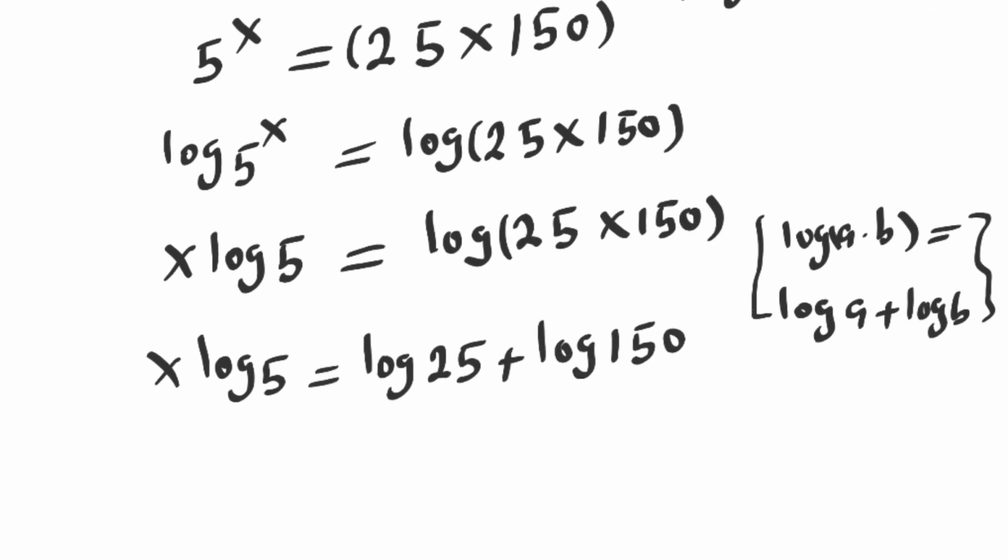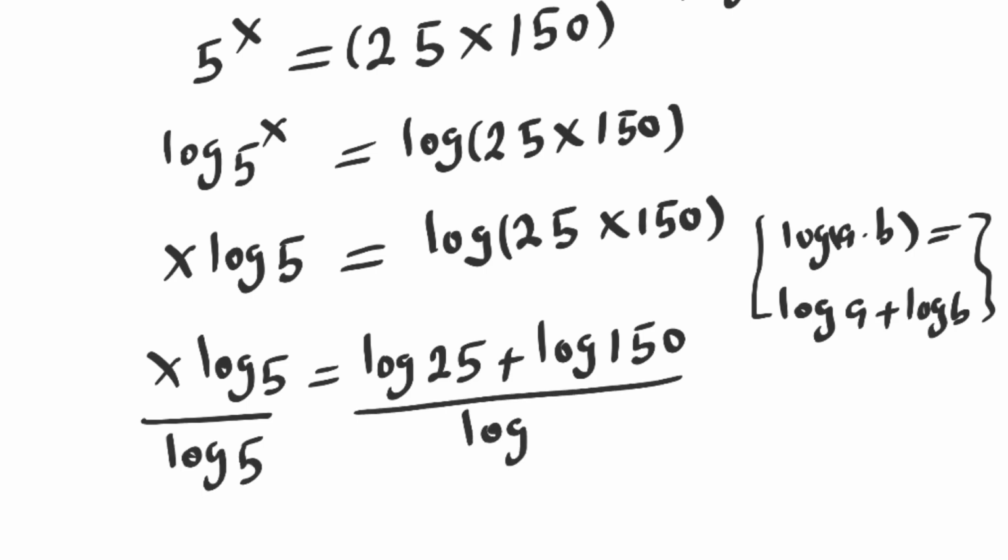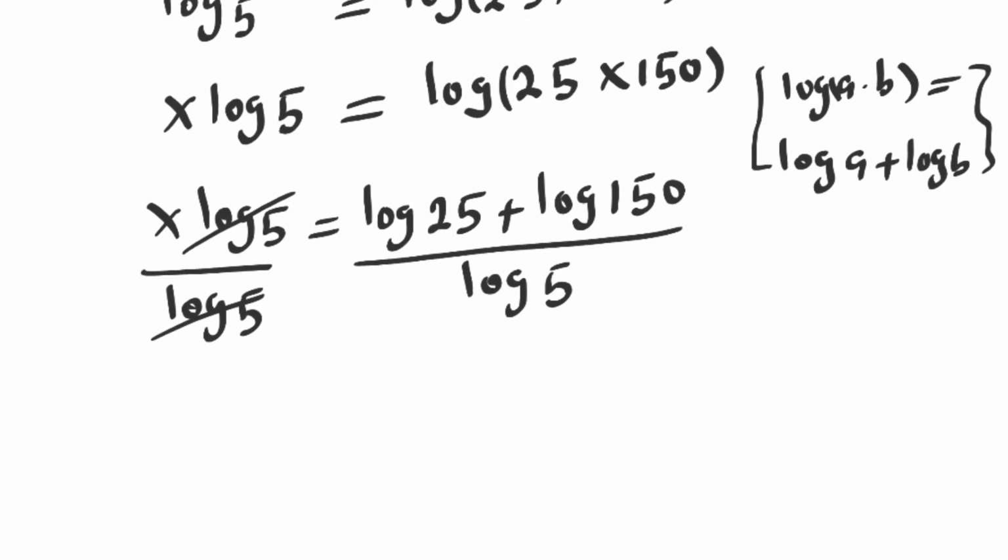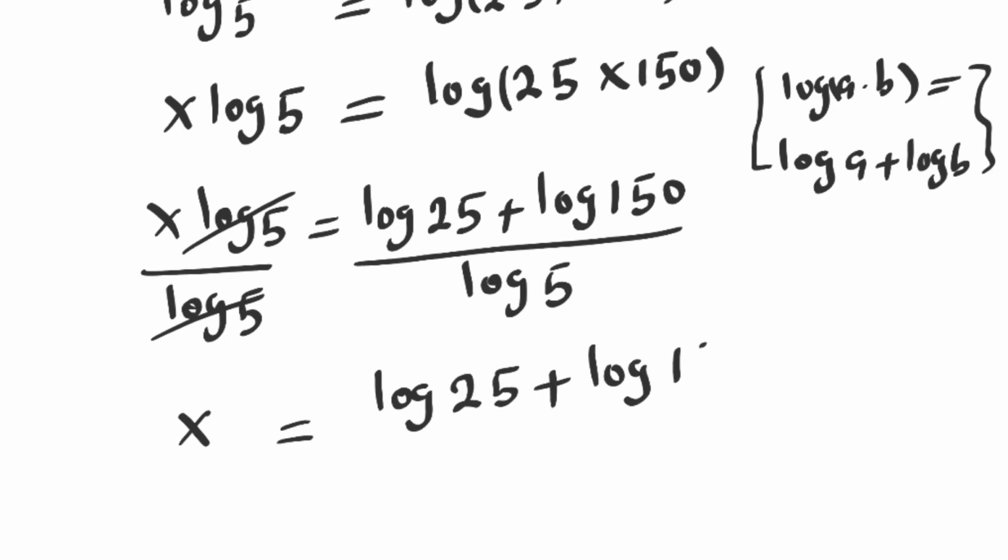Let us divide the whole of this equation by log 5. This divided by log 5 and this divided by log 5. Log 5 here, 1, and log 5 here, 1. x is equal to log 25 plus log 150 all over log 5.